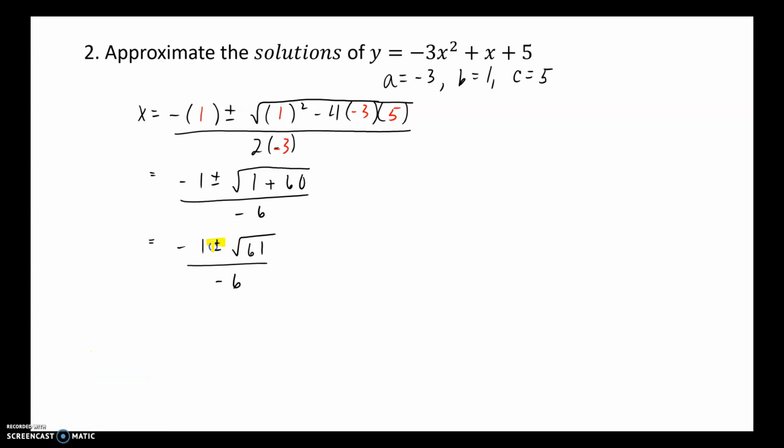So that plus or minus, remember that tells us two solutions exist. So I have -1 plus the square root of 61, all divided by -6. And then I have -1 minus the square root of 61, all divided by -6. So let's pause the video, grab your calculator, and let's work on evaluating these.